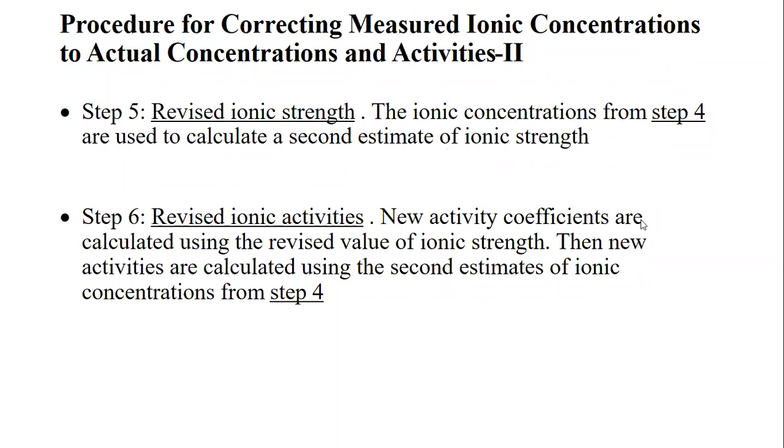New activity coefficients are calculated based on the new ionic strength. We calculate new gammas, and then new activities, using the revised value of ionic strength. The new activities are calculated using the second estimate of ionic concentration from step 4.